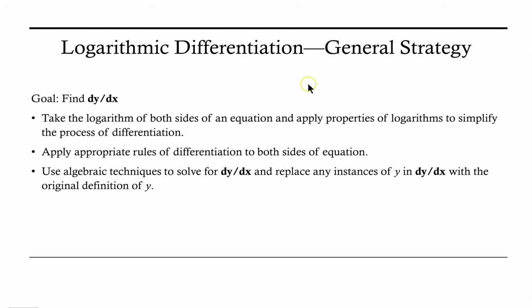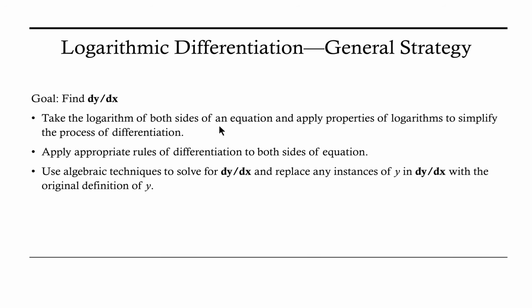So with logarithmic differentiation, here's the big idea, the general strategy. Our goal is to find dy dx, or the rate of change of y with respect to x. So what we do is we take the logarithm of both sides of the equation, and we use the properties of logarithms to help simplify the process of differentiation.